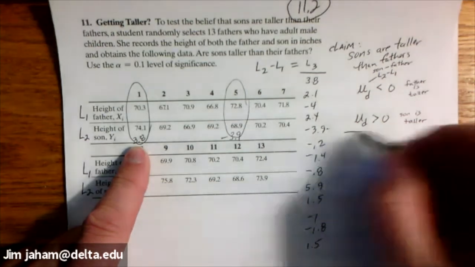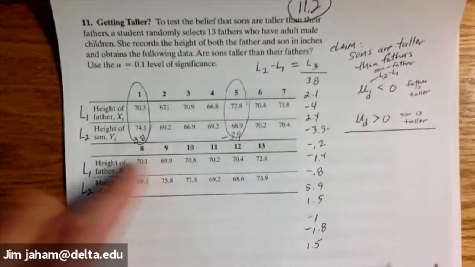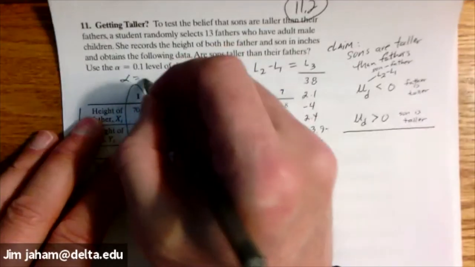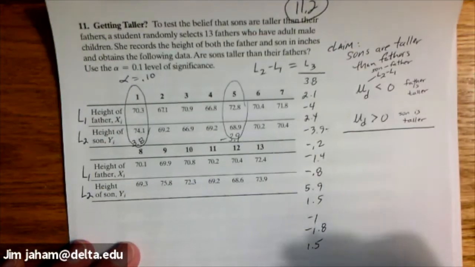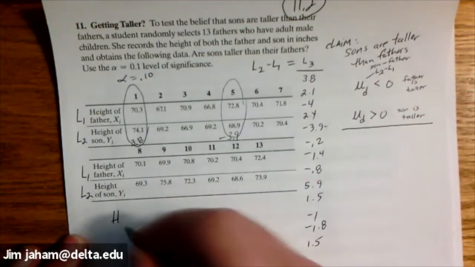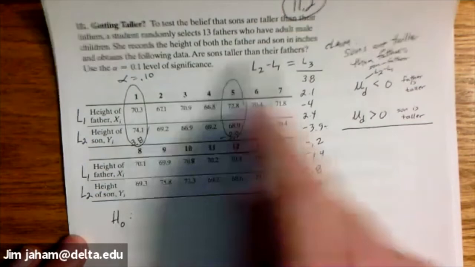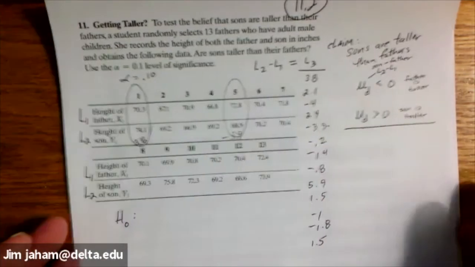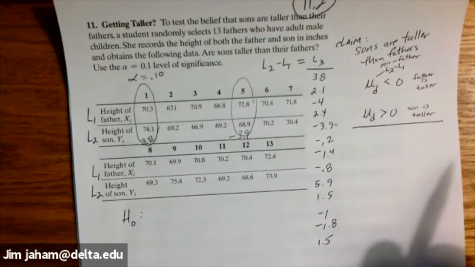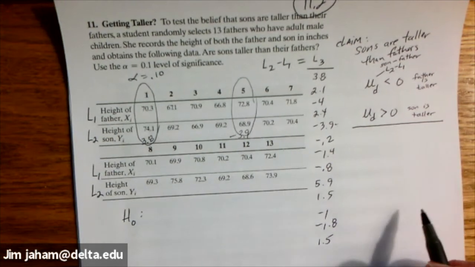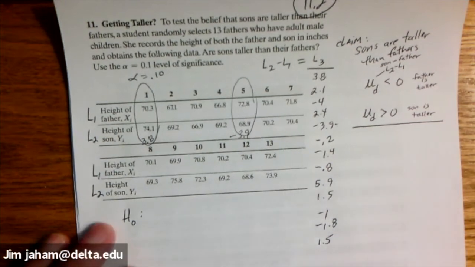All right, so we are now ready. We have alpha equal to 0.10, and we're ready to go through the steps. Are sons taller than their fathers? Well, we're going to test the claim and determine if there's evidence to support that or not.